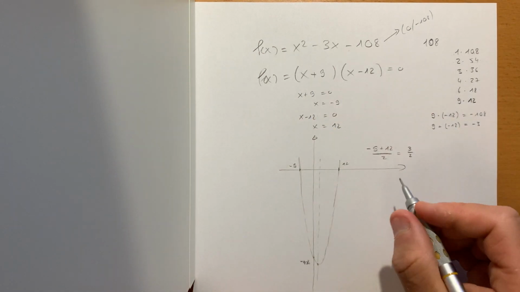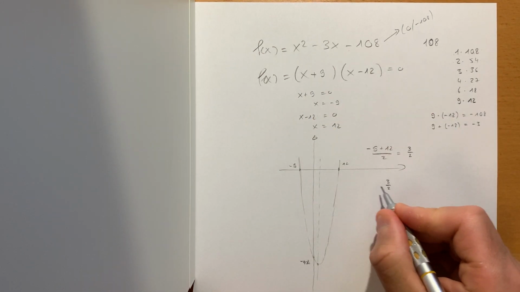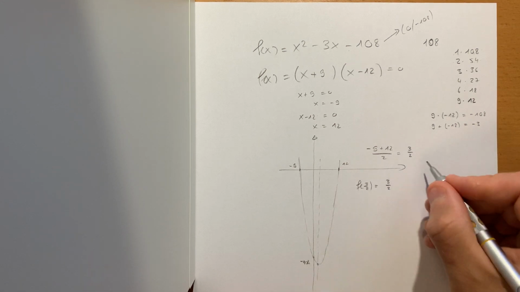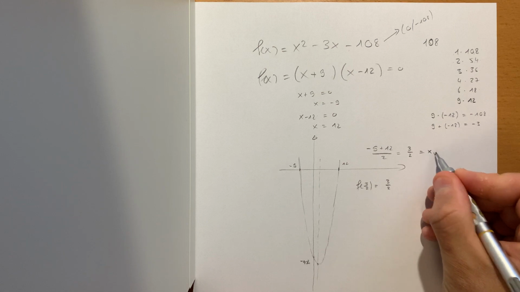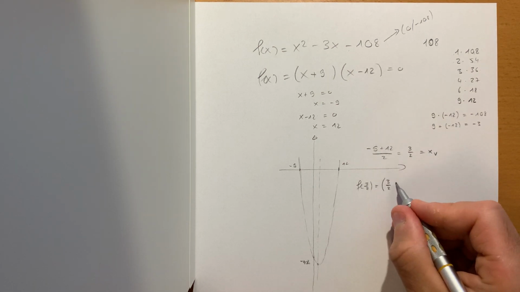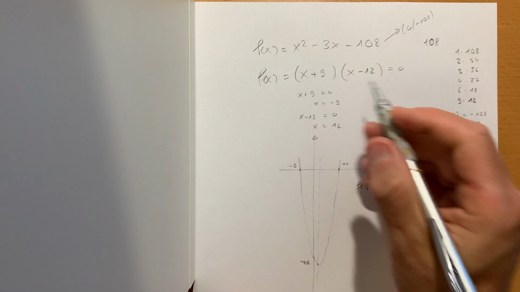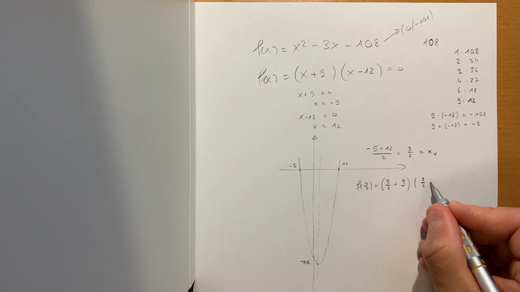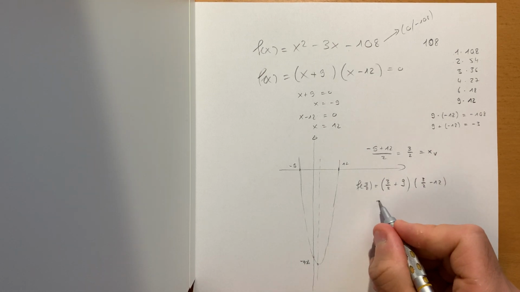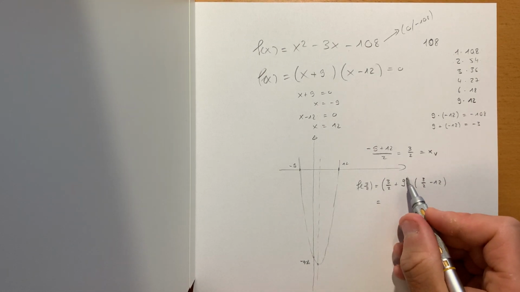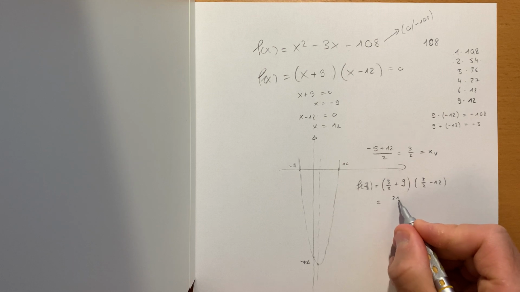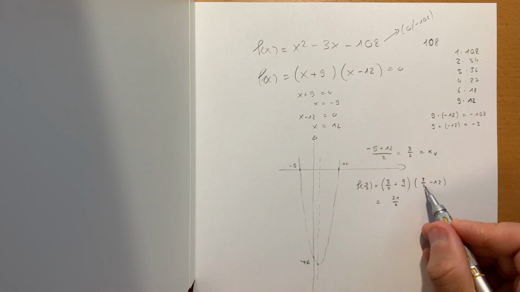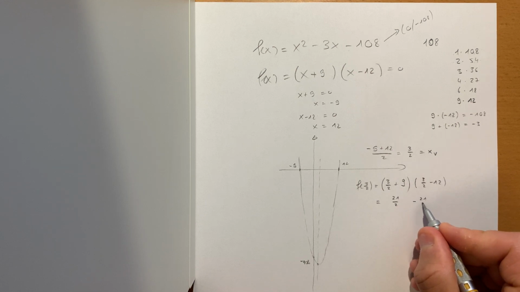Now you could work this out and say f of 3 halves, because this is your x value of the vertex, so 3 halves plus 9, you plug it in here, times 3 halves minus 12. So this would be 18 halves, so 21 halves. This would be 24 halves plus 3 halves, so it's minus 21 halves.